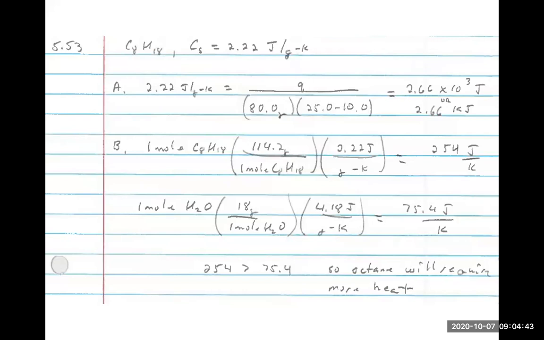Delta T will be that 25 minus 10. And then if we rearrange this, we can solve for Q. And in this case, you can see I said it's either 2.66 times 10 to the third joules or 2.66 kilojoules. And we made that conversion, I actually wrote it down this time instead of just doing it.